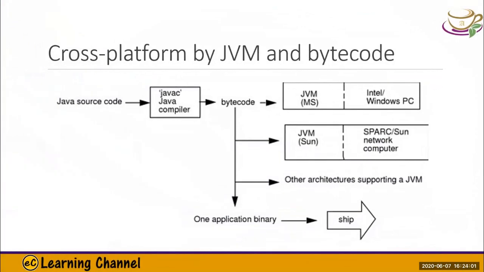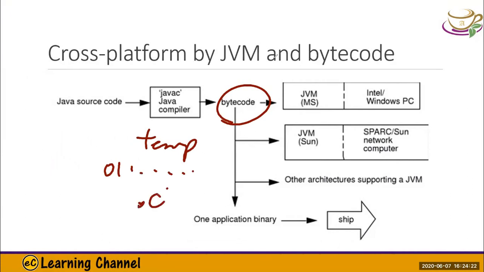So Java is actually a Java virtual machine based compiler. So you do javac. When you compile, it will create something called bytecode. Okay? Bytecode is actually a temporary code. It's actually some binary code, and the bytecode is stored in a class file.